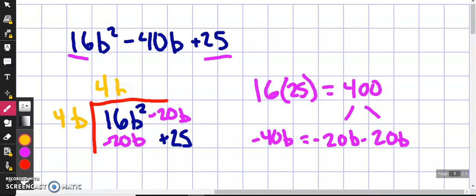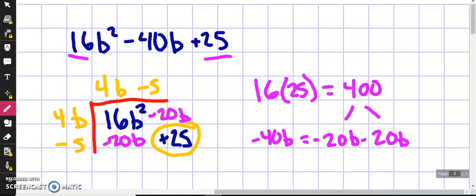I need an extra b to change the b into b squared. I see a negative 20b on the right, so negative 20 divided by 4 gives me a negative 5. On the bottom, I see a negative 20 again, so negative 20 divided by 4, also negative 5. And then if I multiply my negative 5s, it gives me a plus 25, so I know I've got it set up correctly.